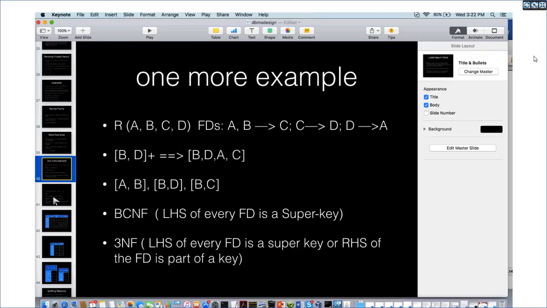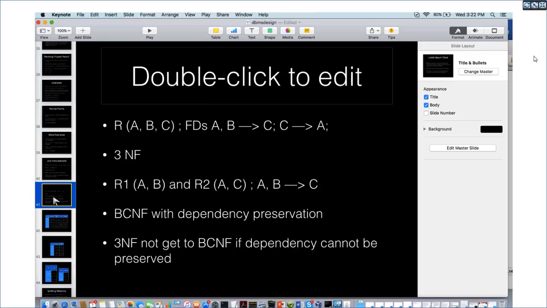So what we want you to understand first is the requirement of BCNF with dependency preservation, and the 3NF requirement. I've introduced the 3NF requirement by saying that the RHS of the FD is part of a key. Why are we doing this?